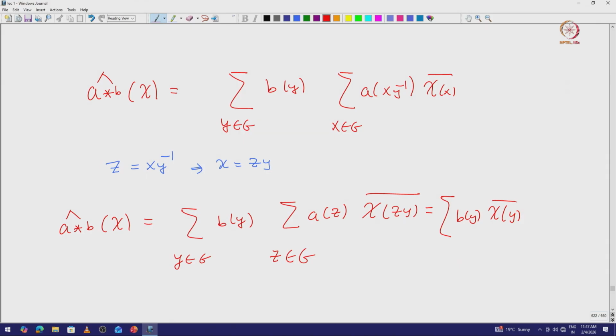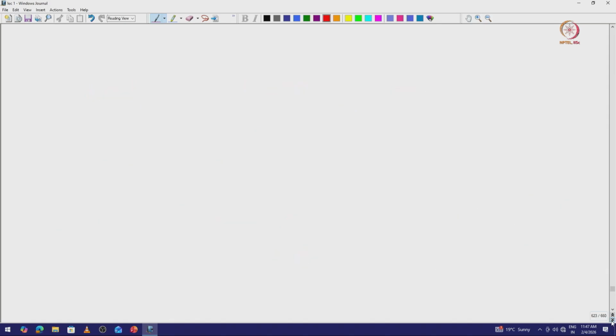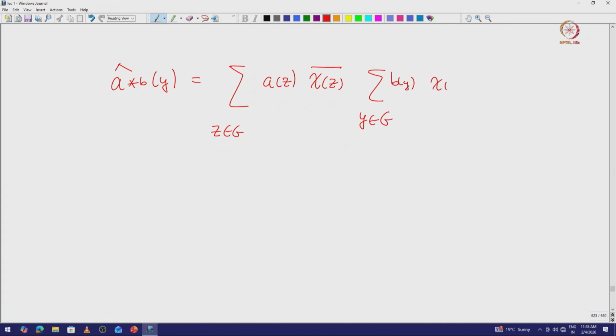Then we get the summation over z in G of A of z chi of z bar, times the summation over y in G of B of y chi of y bar.